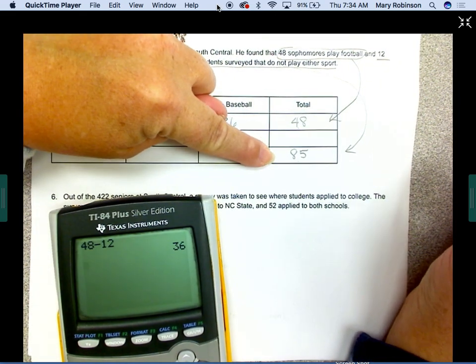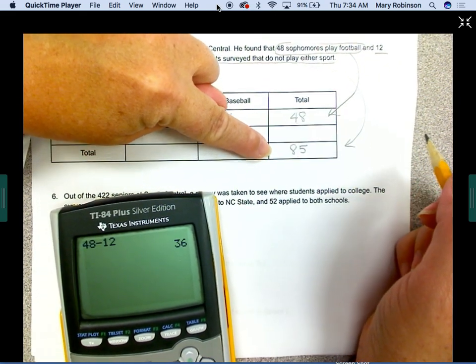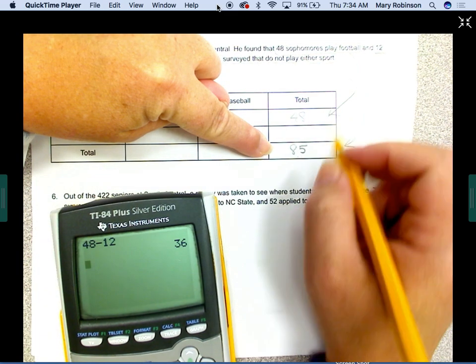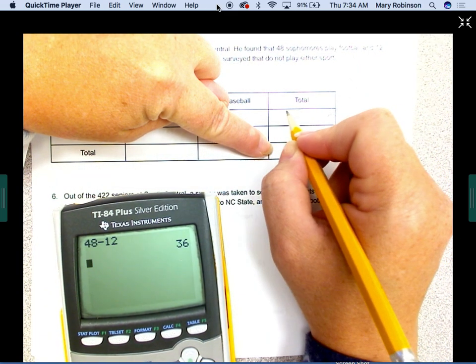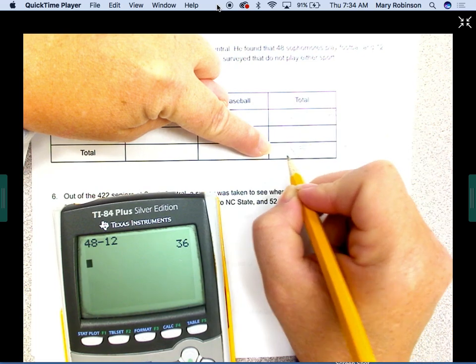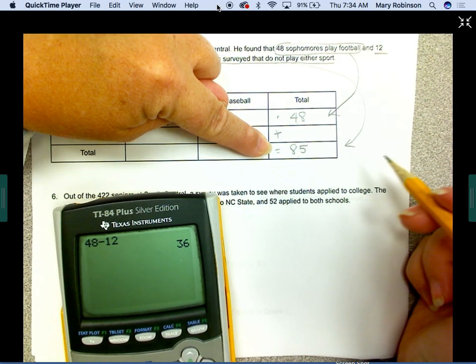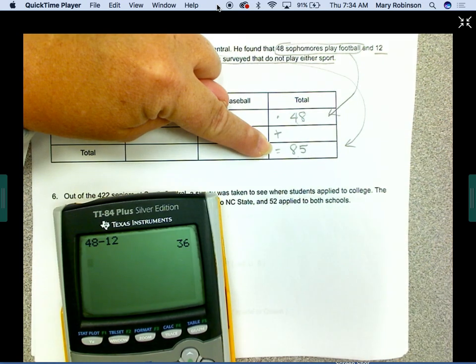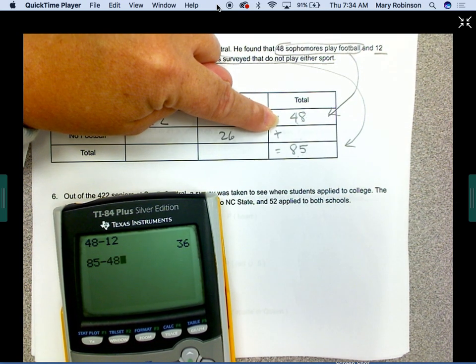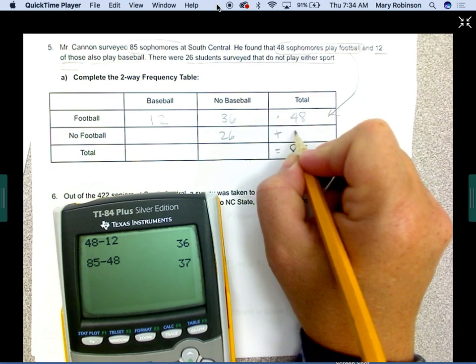I'm also given the total of 85, meaning 48 plus this number adds up to 85, so I can work backward and subtract. 85 subtract 48 is 37.